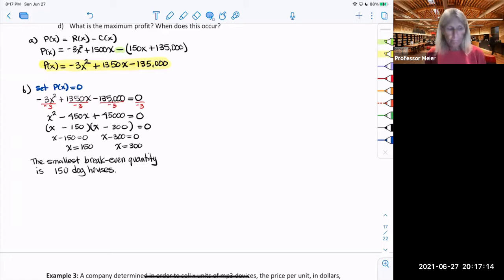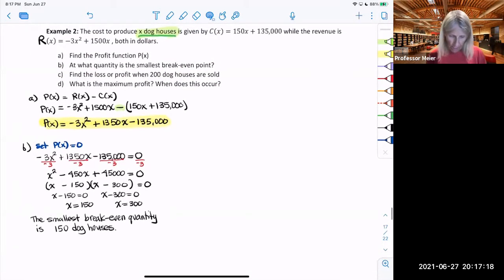Okay, we've got a couple more parts going. Part C, find the loss or the profit when 200 dog houses are sold. Okay, so they're telling us that X is 200. Figure out if that gives you a loss or a profit. All right, well, I'm just going to plug that X value into the profit function.